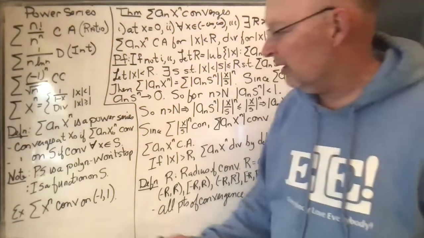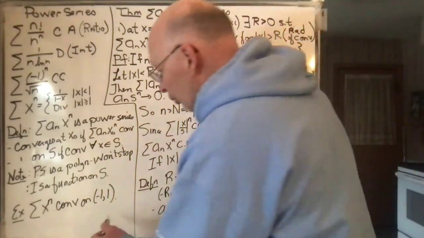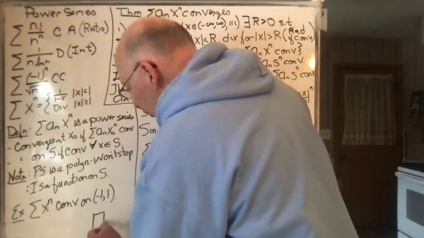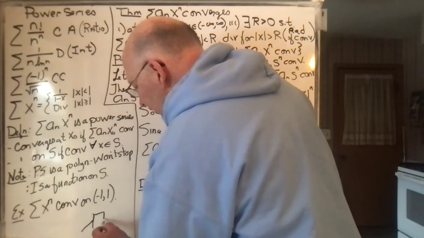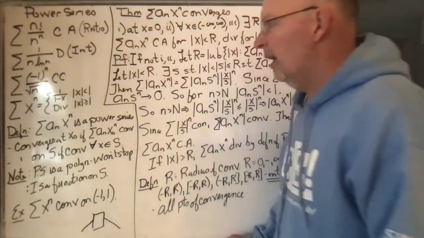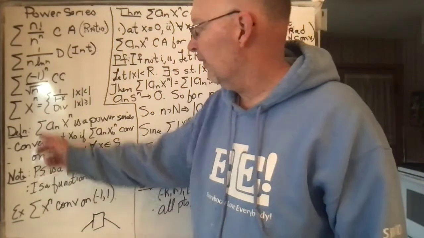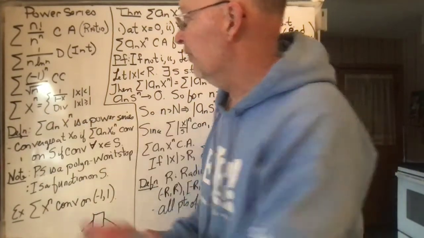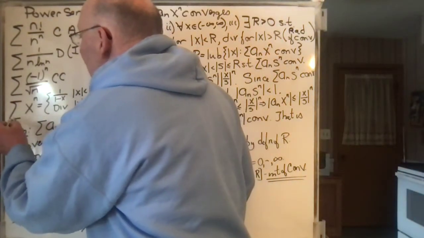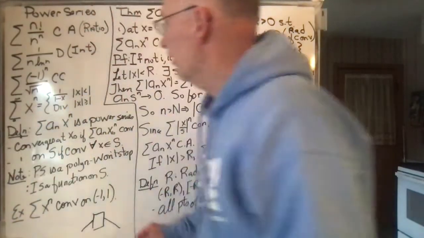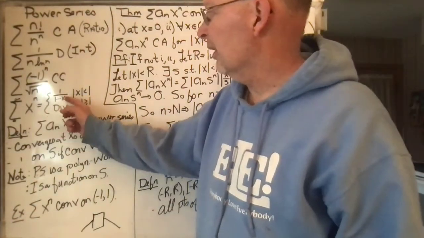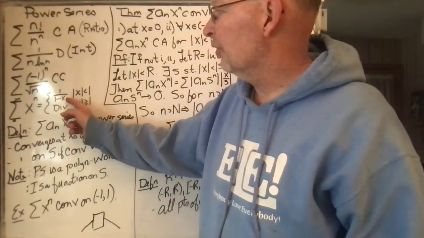Any function is a machine. It's a machine where you stick in a value for x and you get out a value. And that's going to be true here. If I stick in a value of 1/2, this is going from 0 to infinity, if I stick in a 1/2 here, this is going to converge to 2.